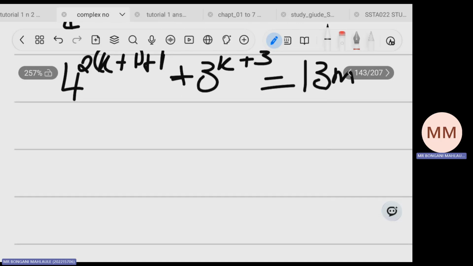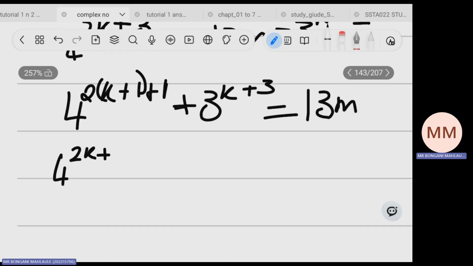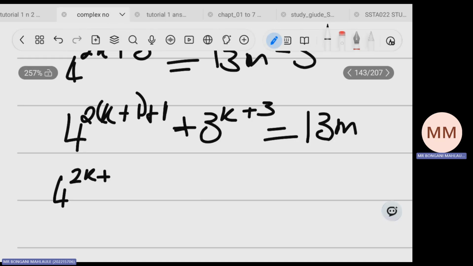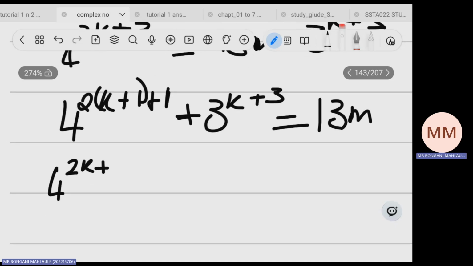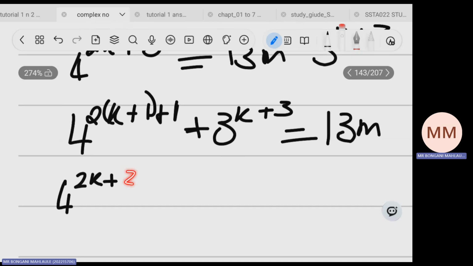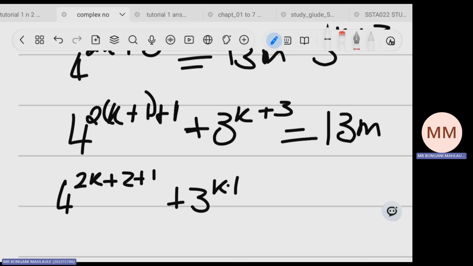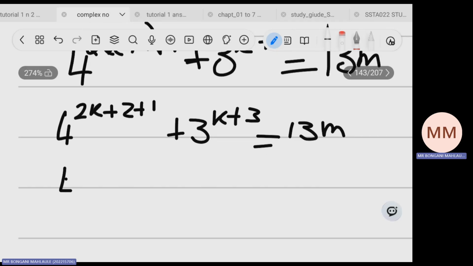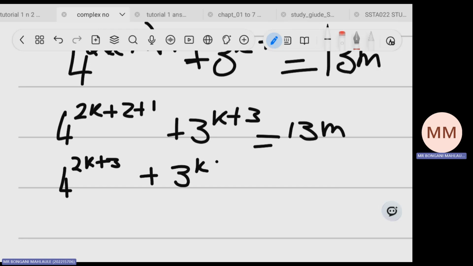You can clearly see that this is the same as 4^(2k+?), so remember checking for plus 2 plus 1, 3^(k+3). This will just be 4^(2k+3) plus 3^(k+3).